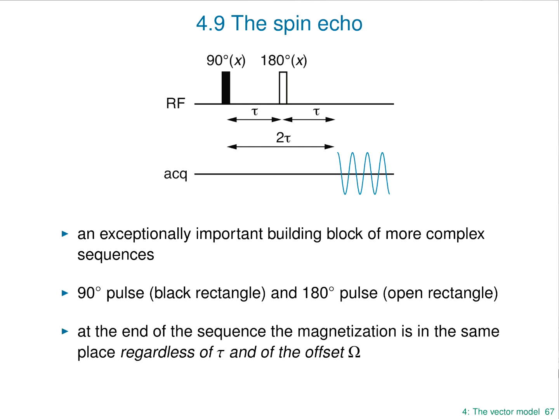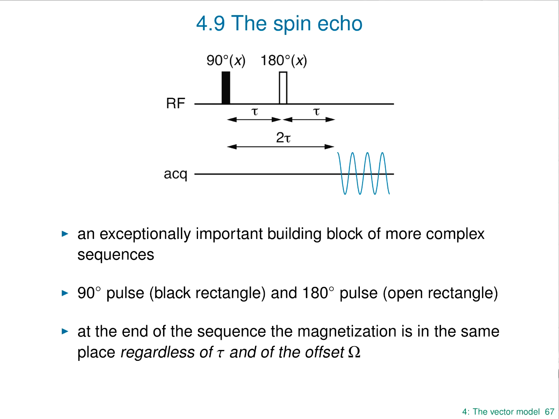And this spin echo has a very, very important property, and that is at the end of this sequence, where the acquisition starts, no matter what the offset omega is, and no matter what the time tau is, the magnetization vector is always in the same position. So this sequence puts the magnetization vector in the same position for all values of tau and for all values of the offset.